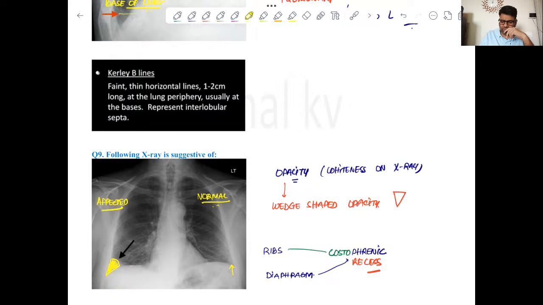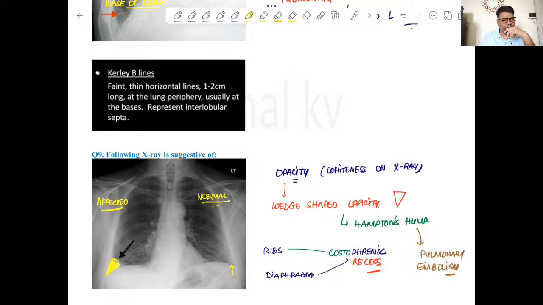So this is the classical Hampton's hump. Clear? So this is the Hampton's hump, and where we find the, yes, costophrenic angle, you can say, Shanawaz bhai, right? So Hampton's hump, this is found in pulmonary embolism. Clear? So this is pulmonary embolism.